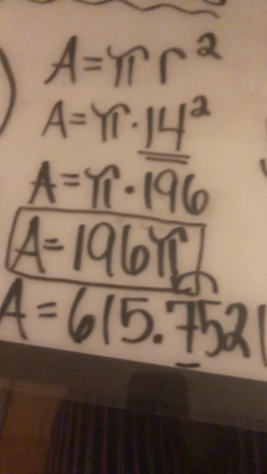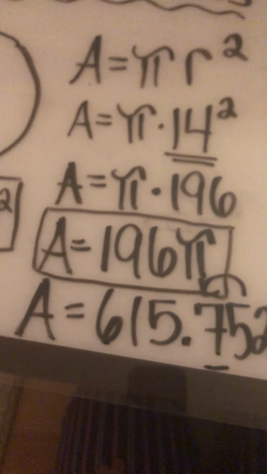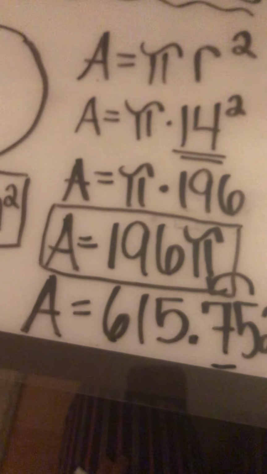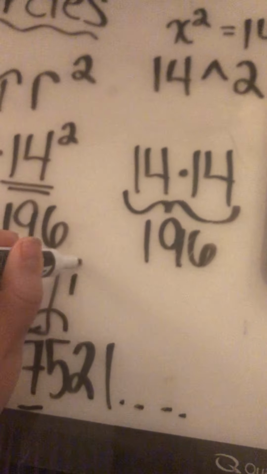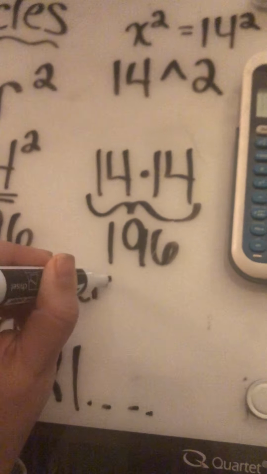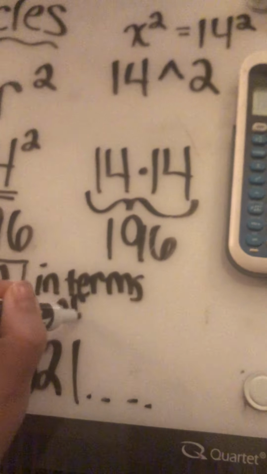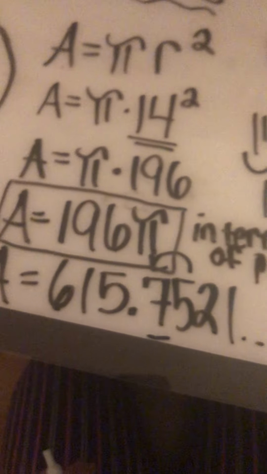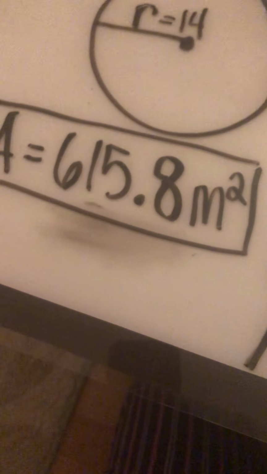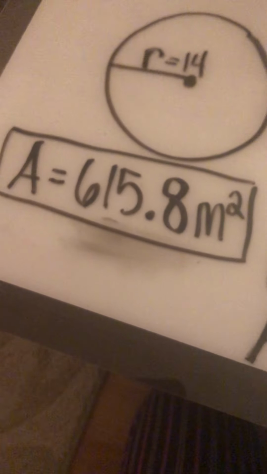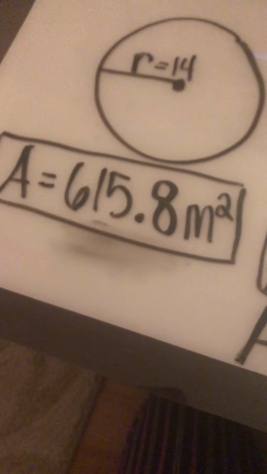It's when you've done all the calculations that you possibly could do and you still have pi in your answer. So this is again called in terms of pi. Okay, so 196 pi would be the area in terms of pi. 615.8 meters squared would be our area rounded to the nearest tenth.